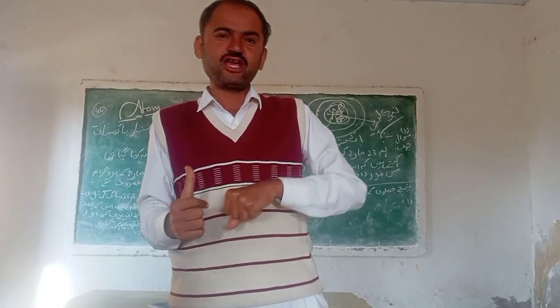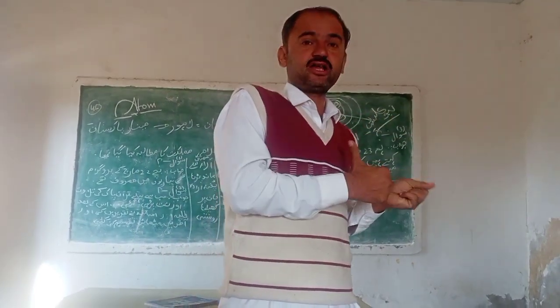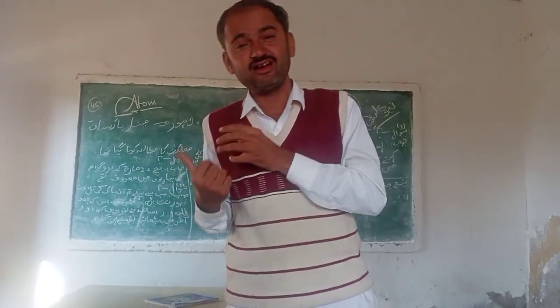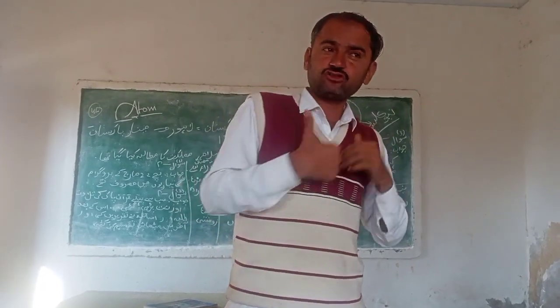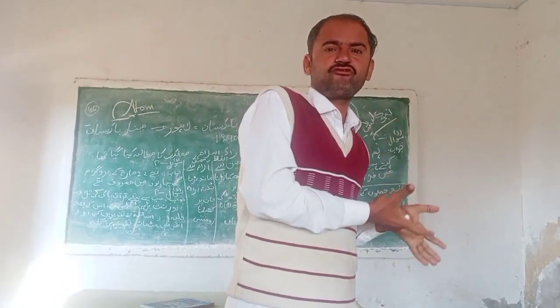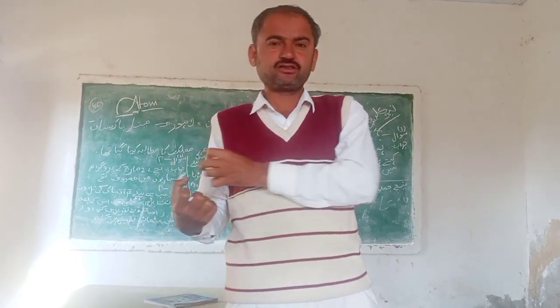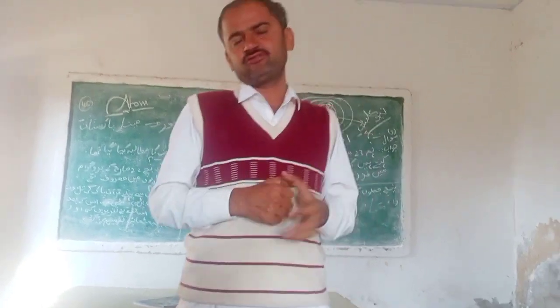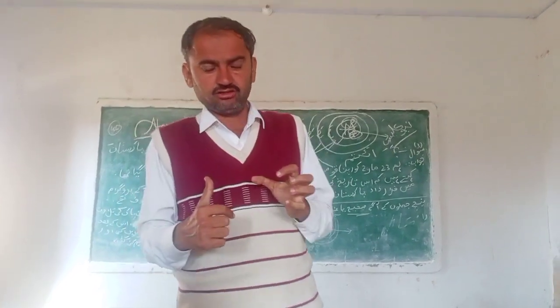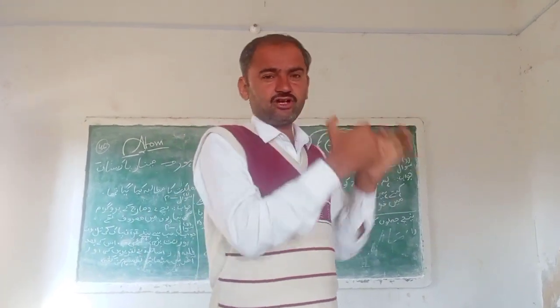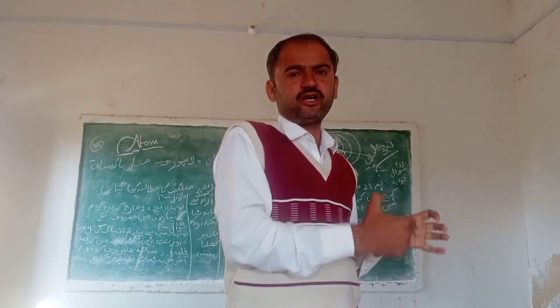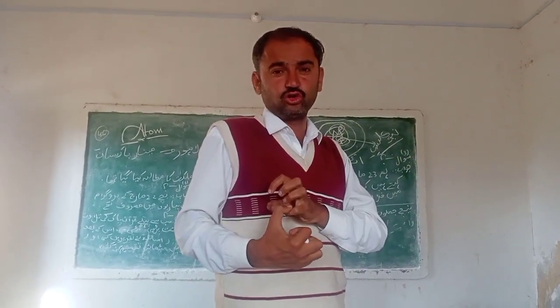In a reversible reaction, reactant goes to product and product comes back to reactant. When reactant goes to product, this is called the rate of forward reaction. And when product goes back to reactant, this is called the rate of backward reaction. Initially, the rate of forward reaction is fast and the rate of backward reaction is slow.